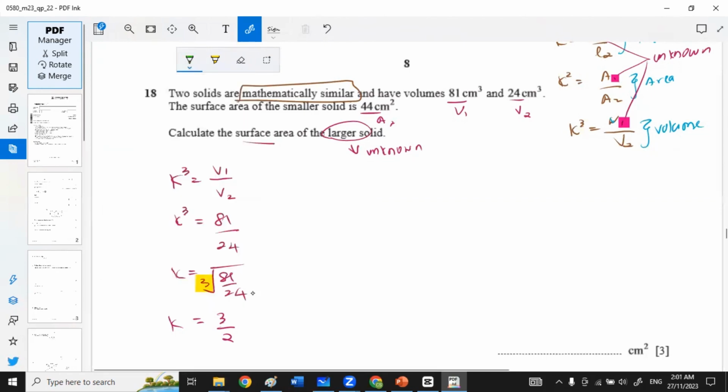To answer the question, they ask for area. Therefore, we use k squared equals A1 over A2. So we want to find A1, so A1 is equal to k squared times A2. k is 3 over 2, squared, times, sorry, I wrote V. Area should be A. Sorry for that.